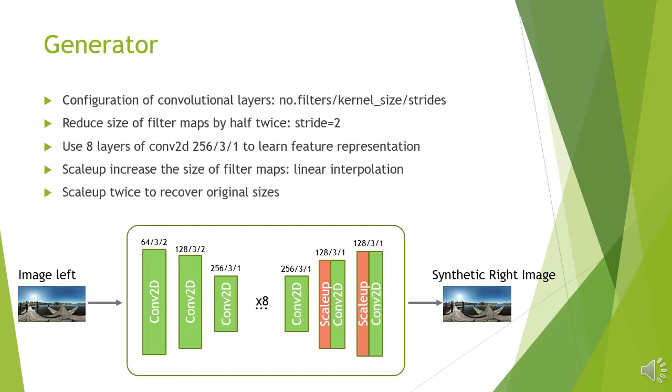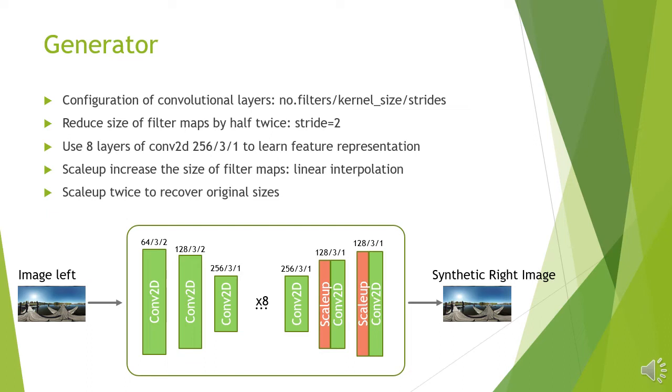This basically compresses the information from the image. And then the middle part, about 8 convolutional layers, will try to encode and represent the image feature. And the last few layers will expand the feature map. The last layer will produce the final synthetic right image.